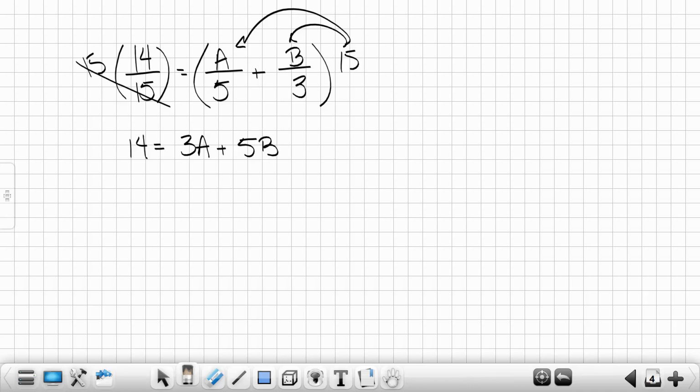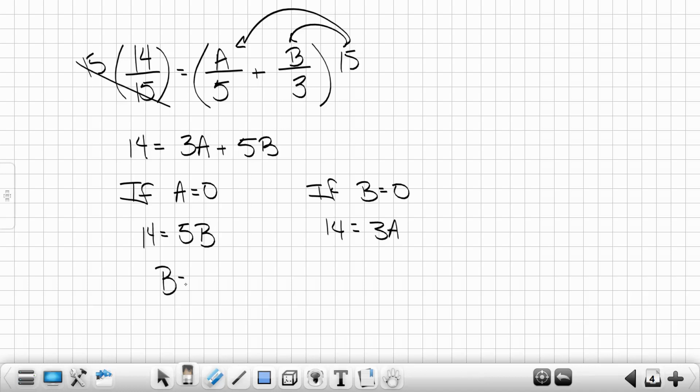So now I say if a was 0, I'd have 14 is equal to 5b. If b is 0, then I have 14 is equal to 3a. So b is going to be 14 fifths. A is going to be 14 thirds.